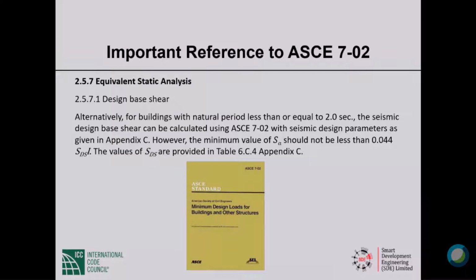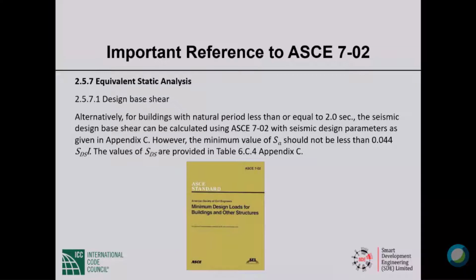It says, alternatively to whatever the BNBC tells you to do, which we will look at, for buildings with natural period less than or equal to 2 seconds, the seismic design base shear can be calculated using ASCE 7-02 with seismic design parameters as given in Appendix C to BNBC 2020. We'll look at all of that.